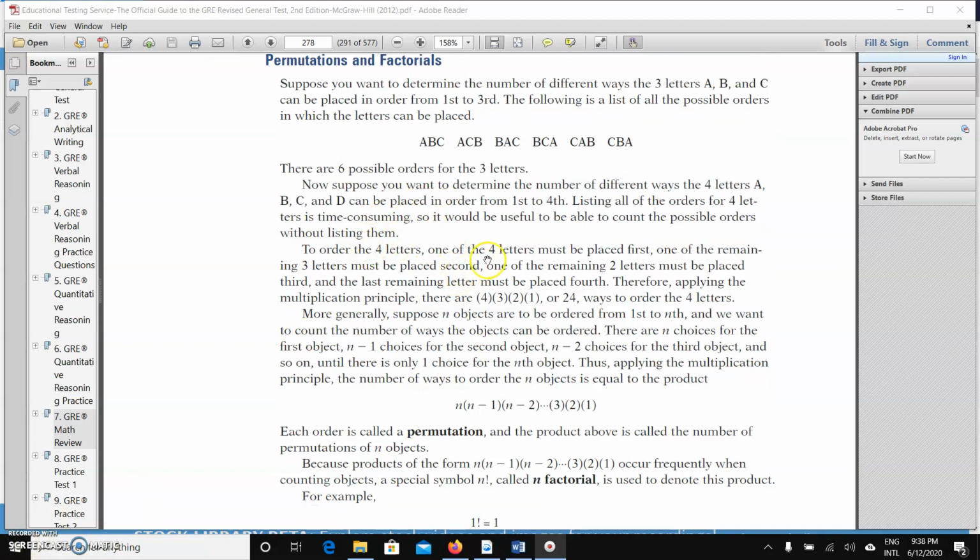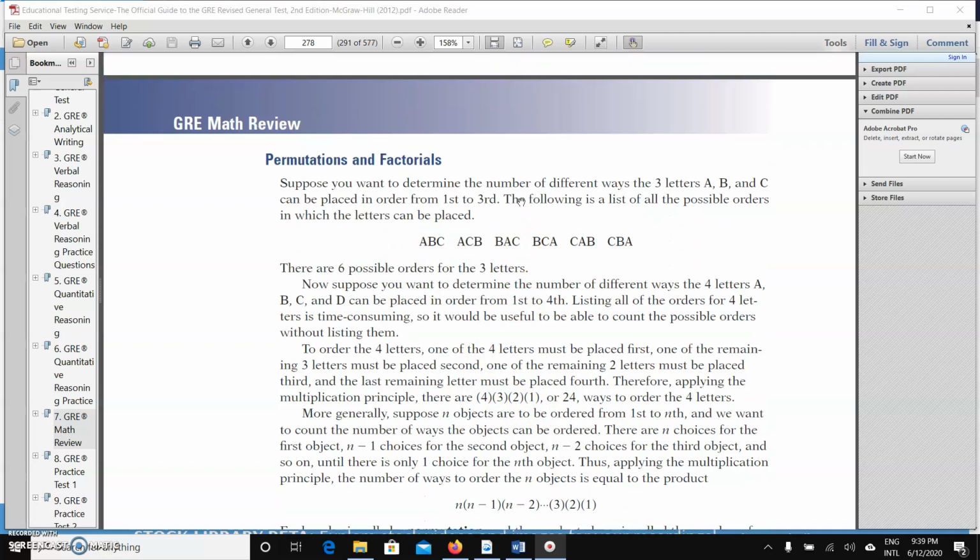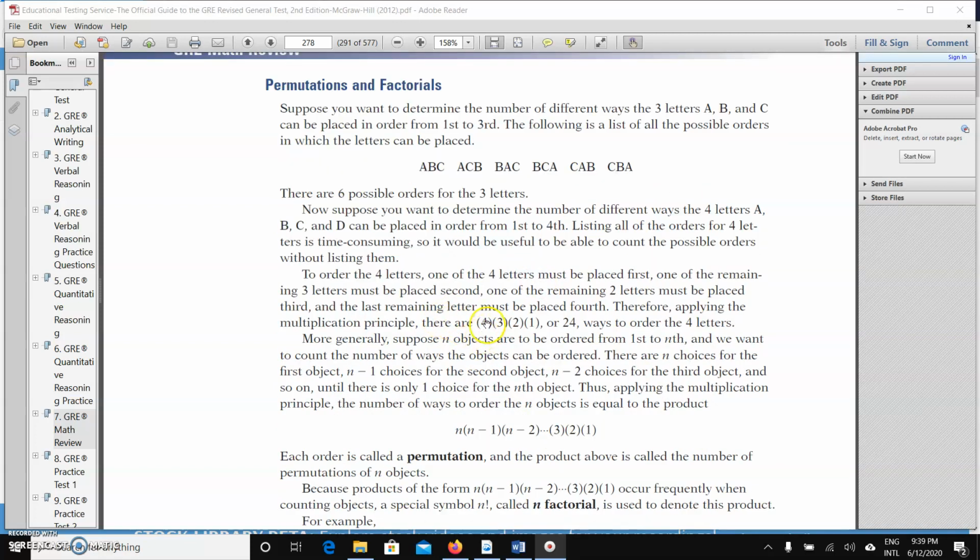In order for the 4 letters, one of the 4 letters must be placed first, then one of the remaining 3 letters must be placed second, one of the remaining 2 letters must be placed third. Now, what they are trying to do is this.